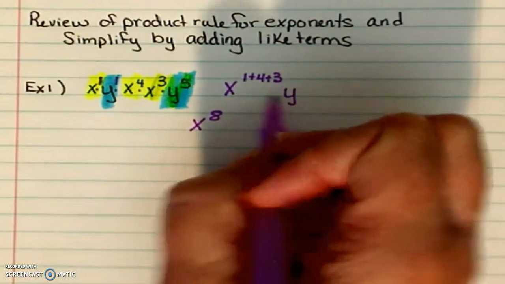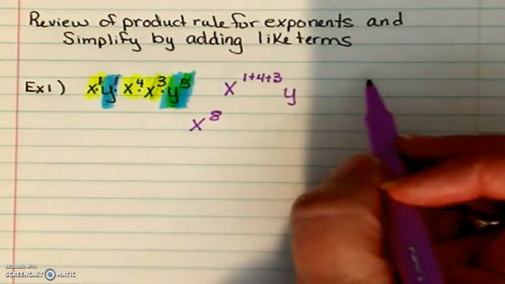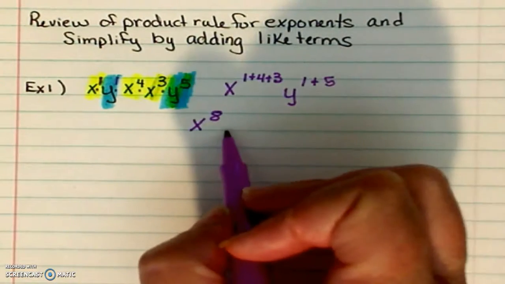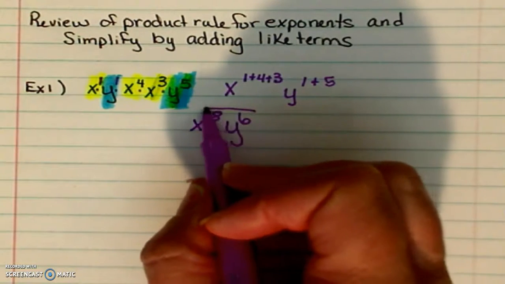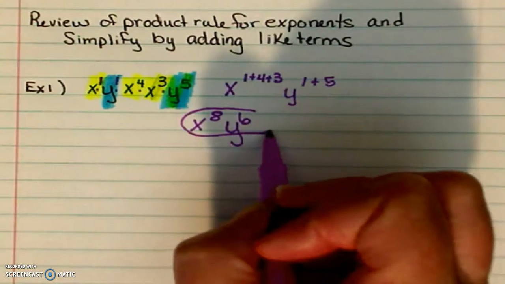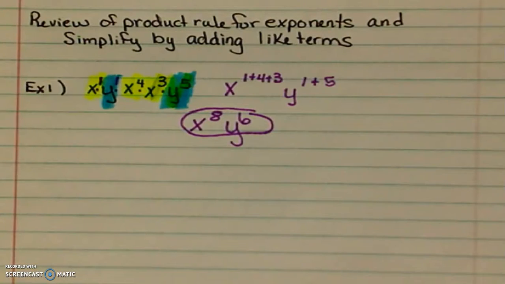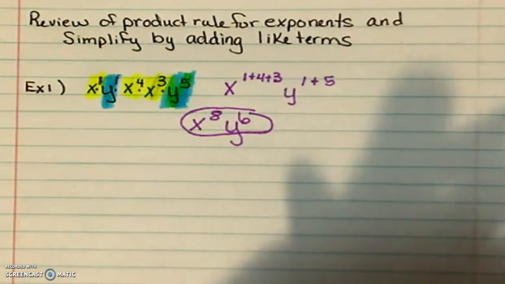And your y exponents, if there's nothing there, remember that's understood to be a 1. So we have 1 plus 5, and if I add those together, we get y to the 6th. So the product of xy, x to the 4th, x to the 3rd, y to the 5th is going to be x to the 8th, y to the 6th.